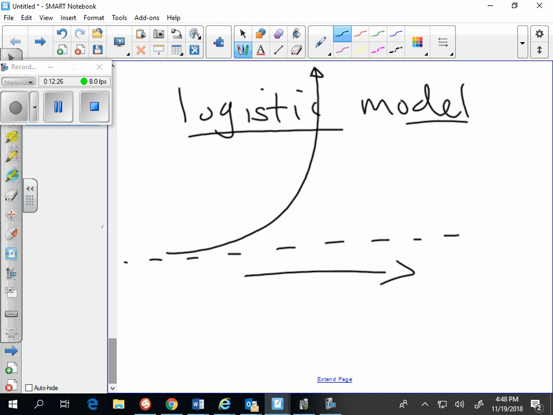Like, think about the bacteria in the kitchen sponge, or the bighorn sheep in the Rincon Mountains, or the number of people on the planet. All of these are populations, and I don't think it's possible for all of them to grow infinitely. So we need a new model.